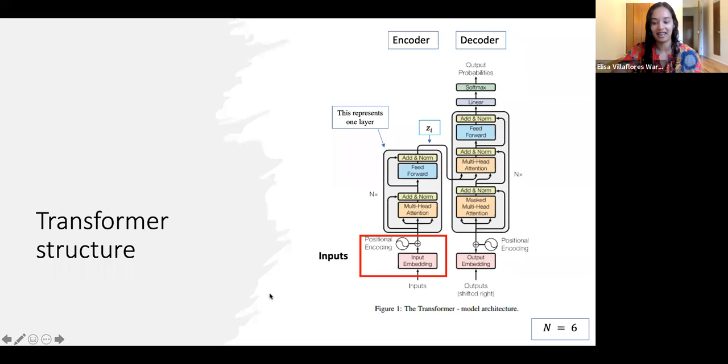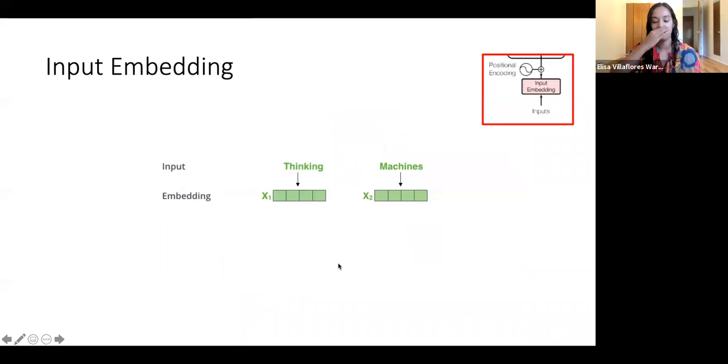So yeah, let's start with the inputs. Okay, so here's some background of how people process sentences in natural language processing. So usually as input, we have some words in a sentence and we want to basically turn it into a vector. So in natural language processing, they usually turn these words first into what's called a token.